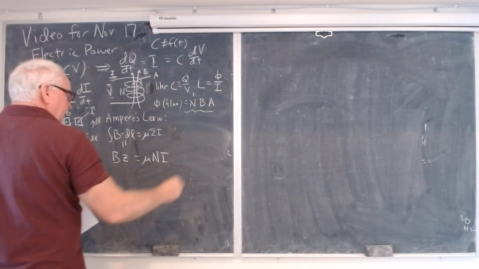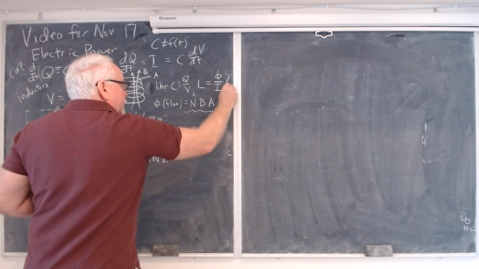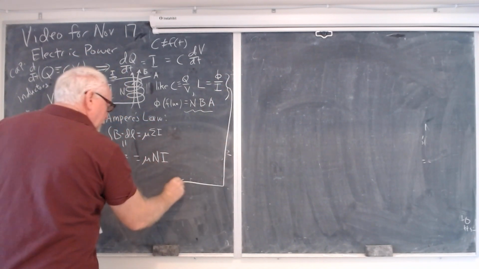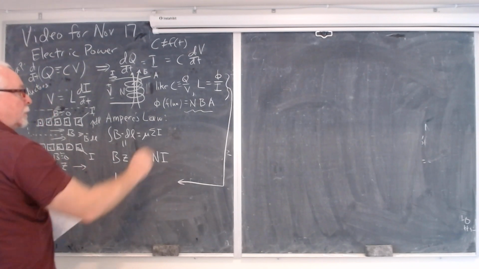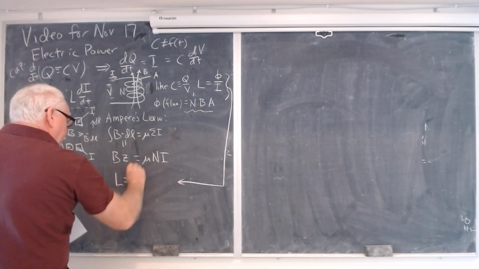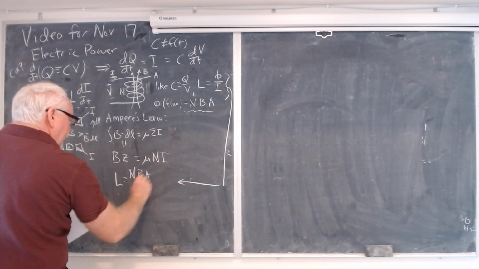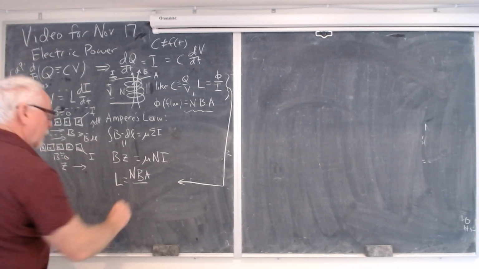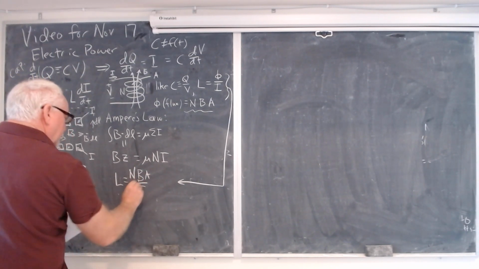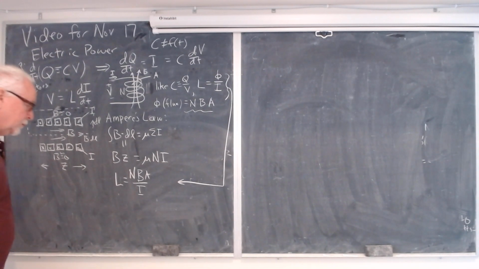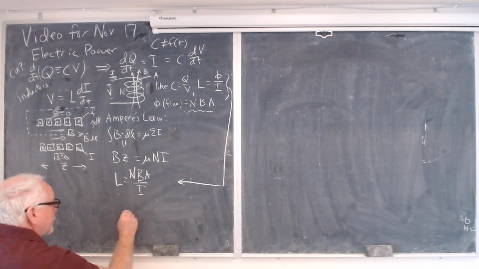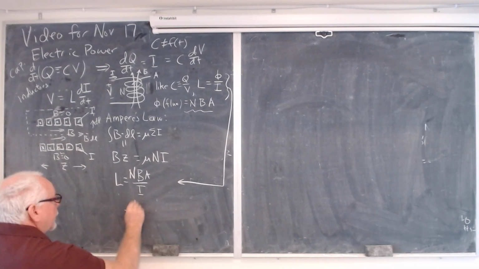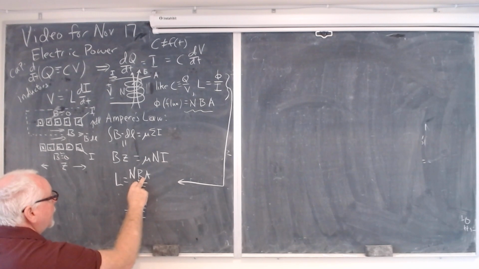Over here, L is equal to, plugging in, N B A over I. Okay, and that's equal to N A over I times B.